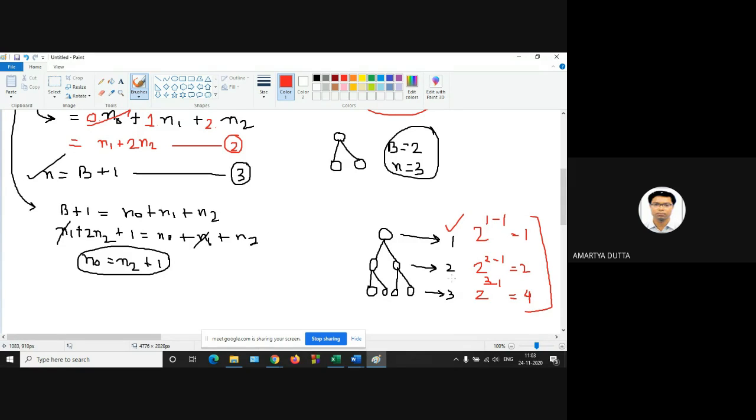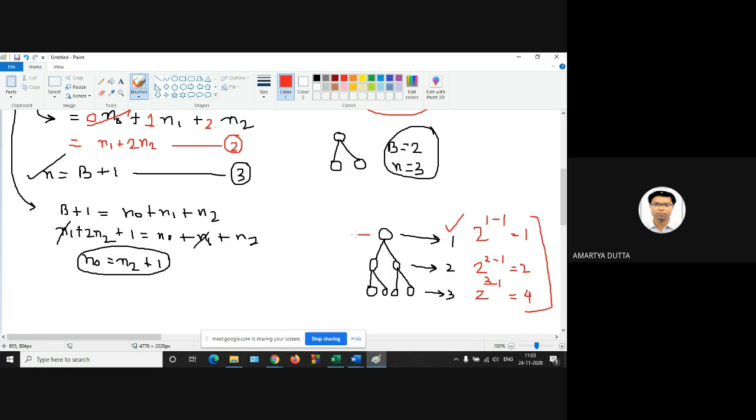Is it clear? So the maximum number of nodes at level I is equal to 2 to the power I minus 1, if and only if I is greater than or equal to 1.